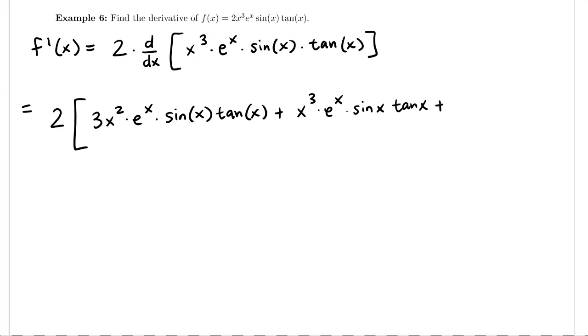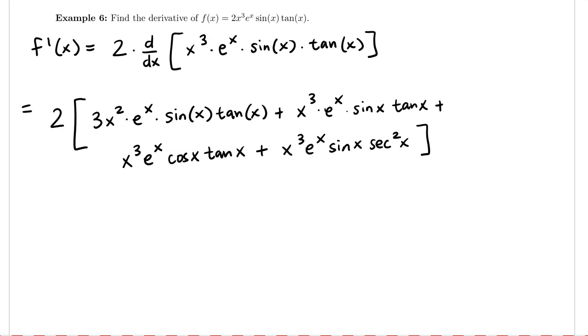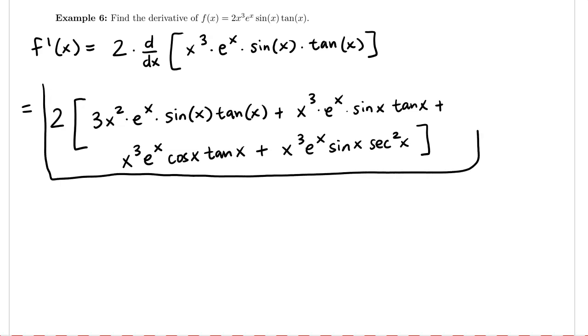Plus, now I keep the first and the second function the same. Now I'd want to multiply by the derivative of the third function, sine, which is cosine of x, plus, now we keep the first 3 functions the same, and then just multiply by the derivative of the last one, which is secant squared x. And there we have our derivative of this long function, which has an even longer derivative. But here's our final answer.